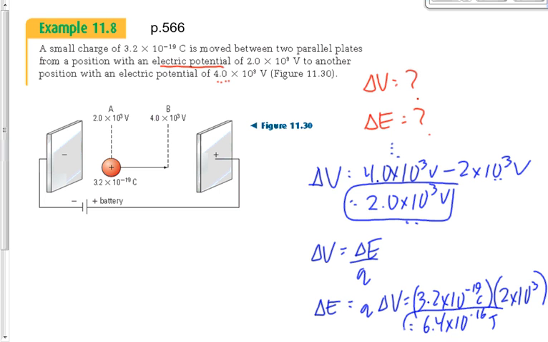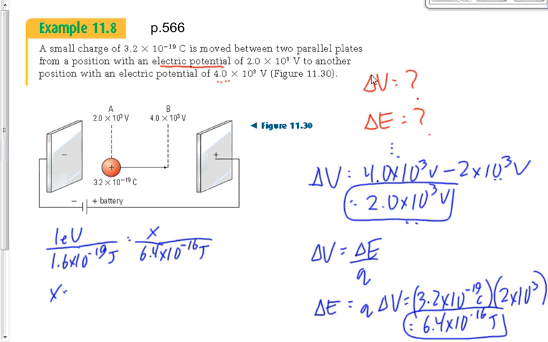that. Now, let's convert that to electron volts. We don't necessarily have to in this question, but some other question maybe we do have to. 6.4 times 10 to the minus 16 joules is how many electron volts? Well, we know that 1 electron volt is 1.6 times 10 to the minus 19 joules. And X electron volts is 6.4 times 10 to the minus 16 joules.